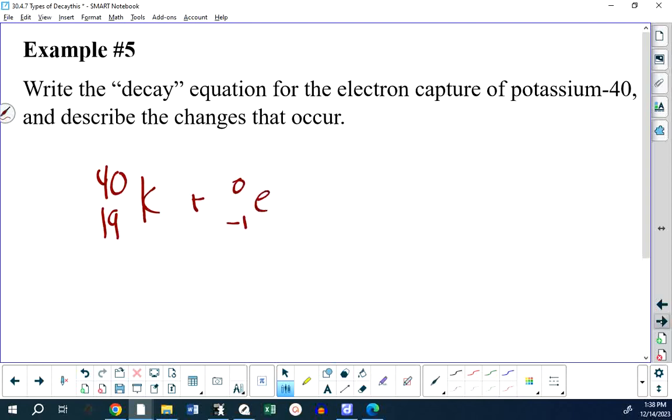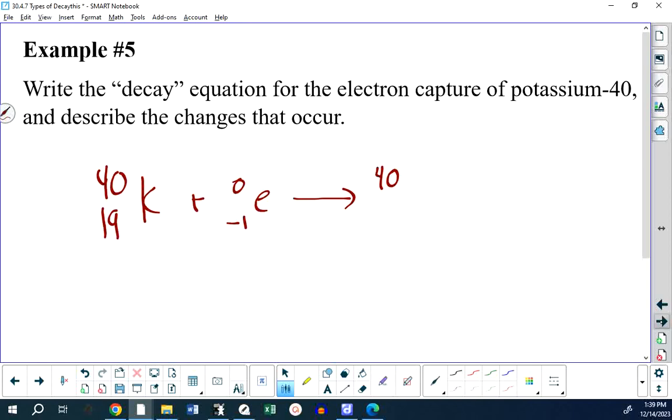Well, we need to remember that it's capturing the electron. It's like adding a piece of copper to silver nitrate in chemistry. You would put silver nitrate plus copper on the left-hand side. We're adding an electron to things. What's produced? Well, let's deal with the nucleus. Nucleons have to be conserved.